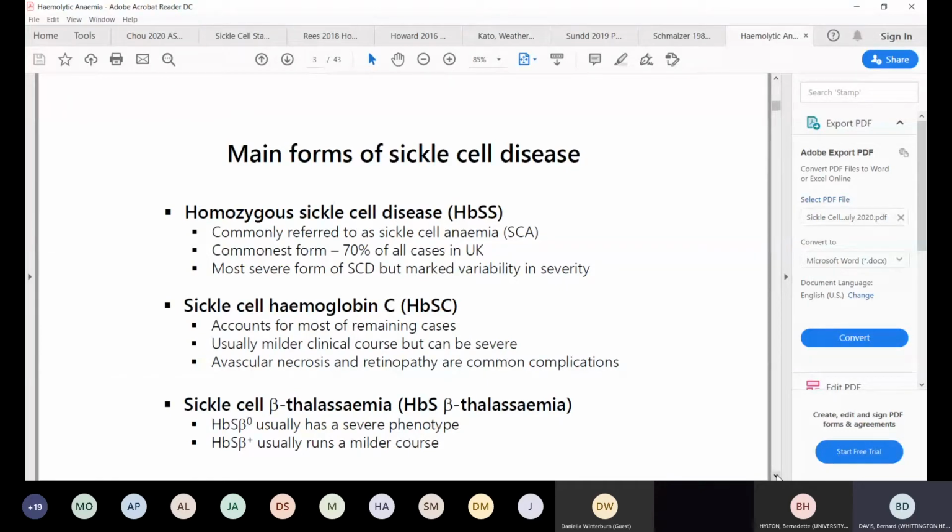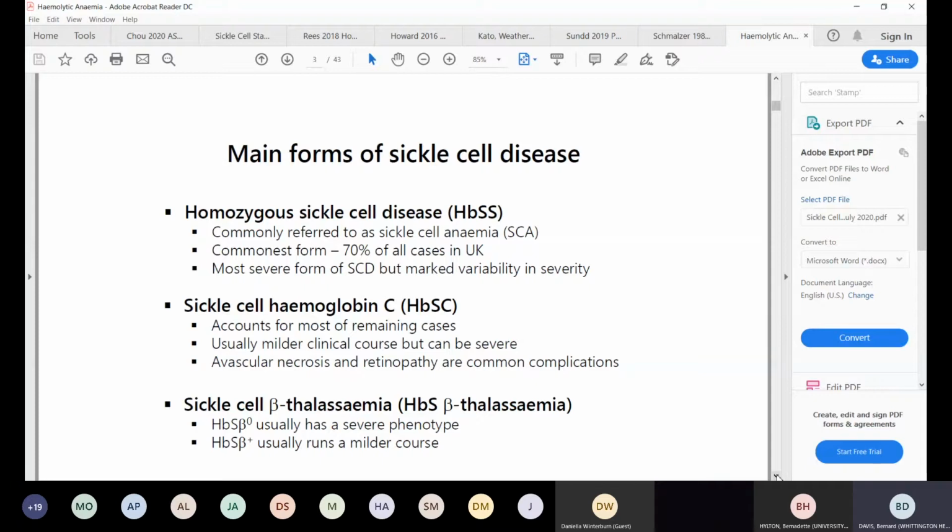So you can have some people who have severe disease, such that if you don't intervene when they're little children, they can come to harm. On the other hand, you have others who have very, very mild disease, which hardly troubles them during the course of their lives. So it's very, very variable in its severity.